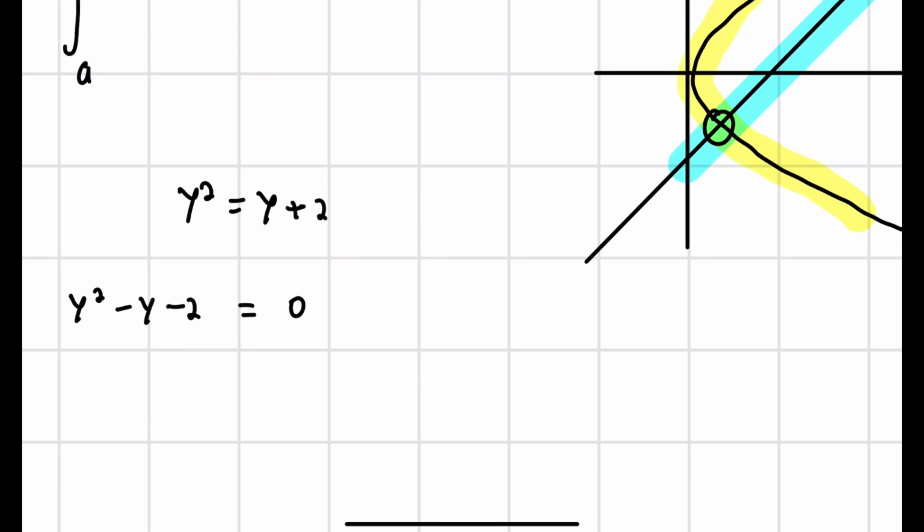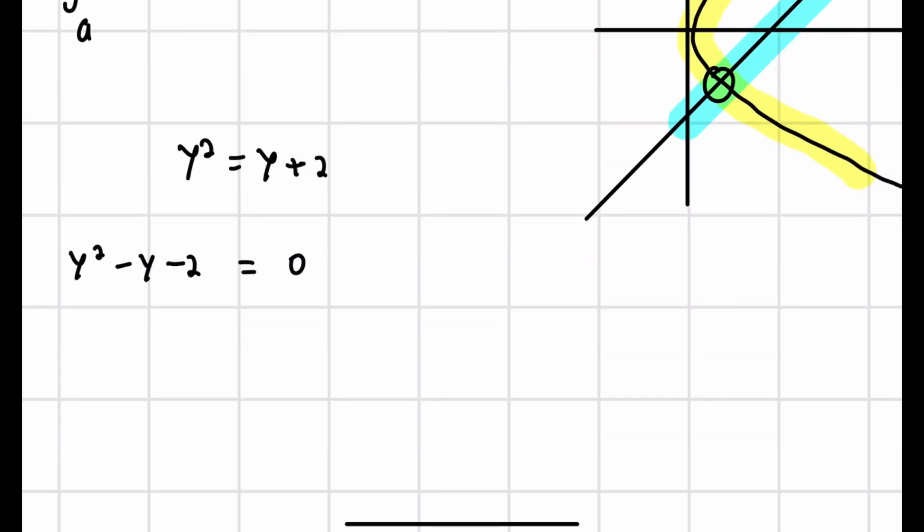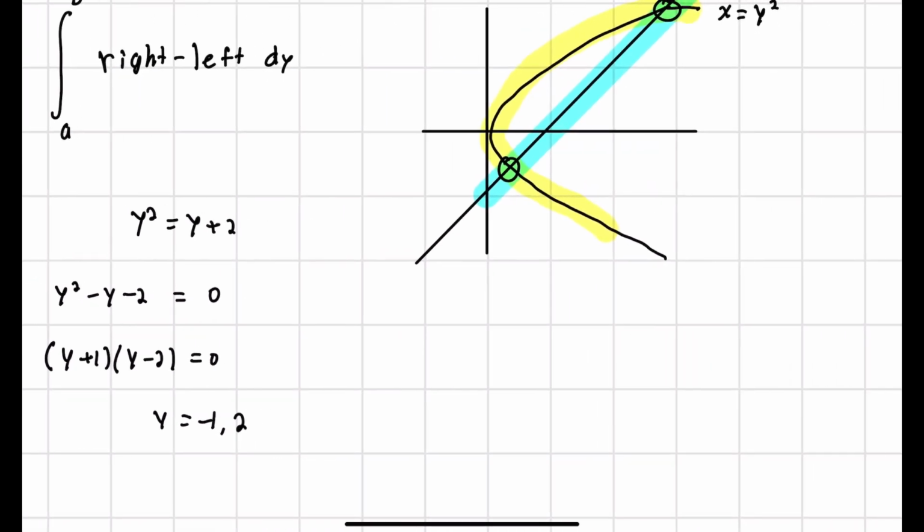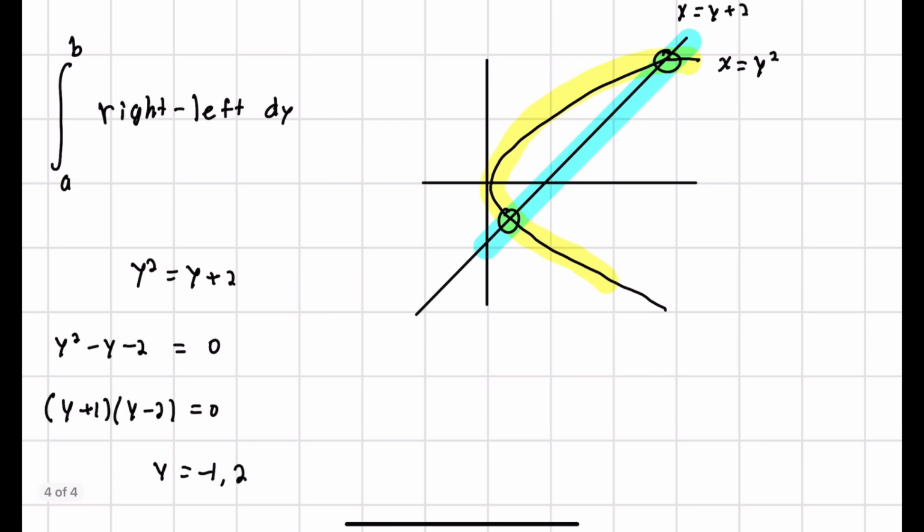So we have y squared minus y minus 2. And now we can just factor everything. So we have y plus 1 times y minus 2. So y would be equal to minus 1 and 2. So for this function, in respect to y, we have minus 1 here and 2 here.